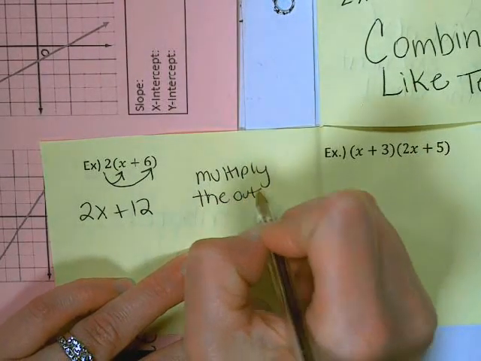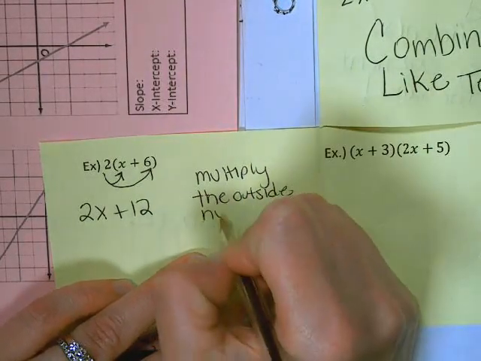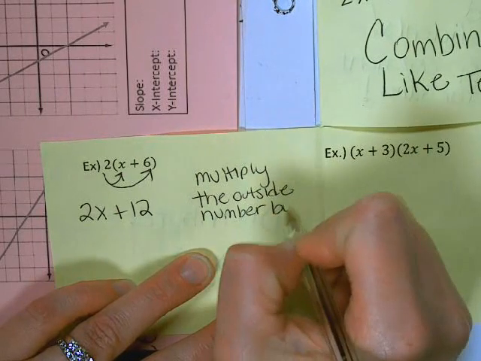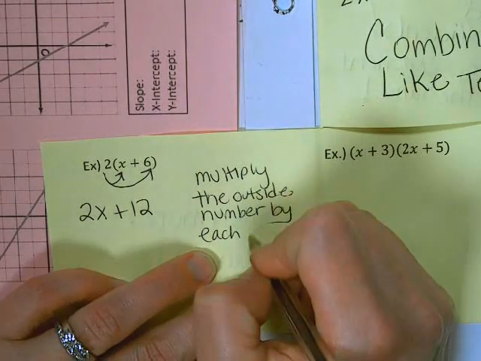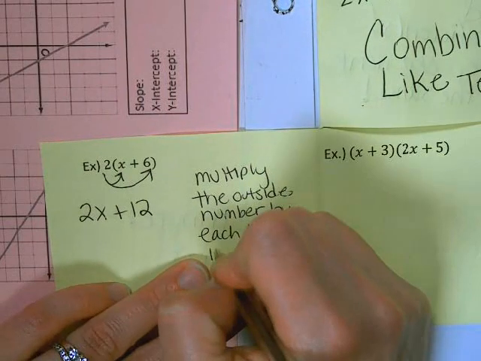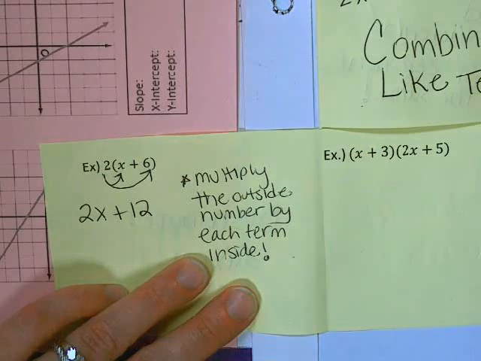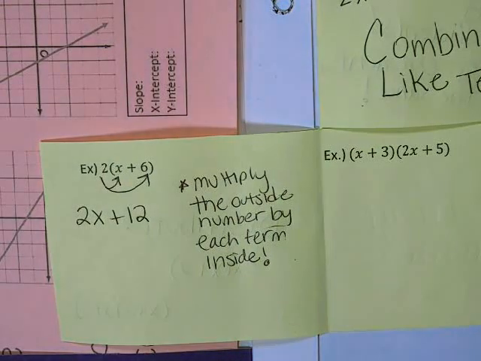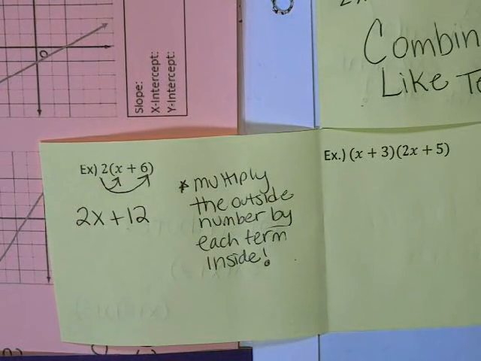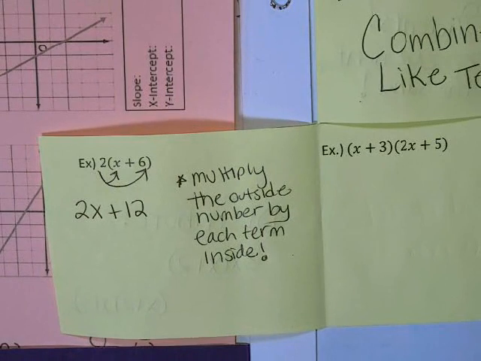Multiply the outside number by each term inside. Now remember, if you're struggling to keep up with me, you can always push pause and then record your answer and then push play again to get the rest of the notes.